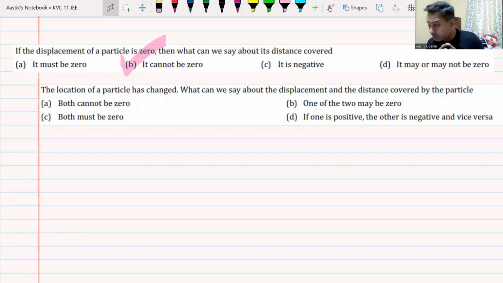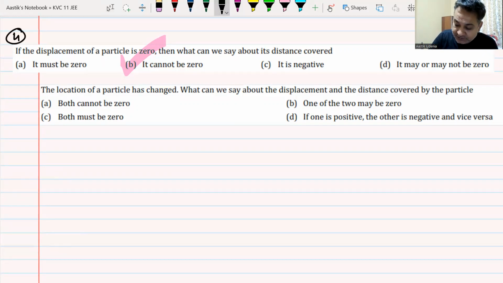Don't have to write down the question, just write the question number. As I have told you, this is question number 4 from your DPP sheet. This is question number 5 from your DPP sheet.